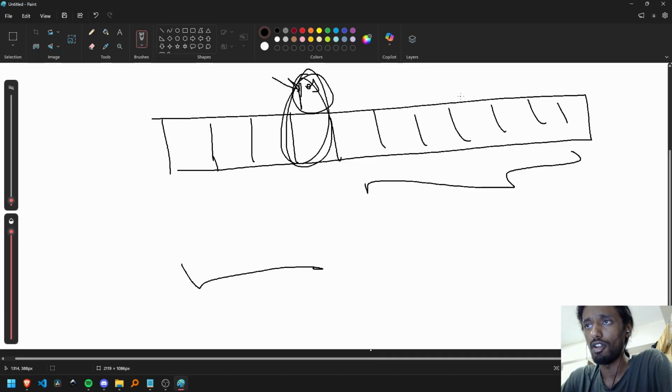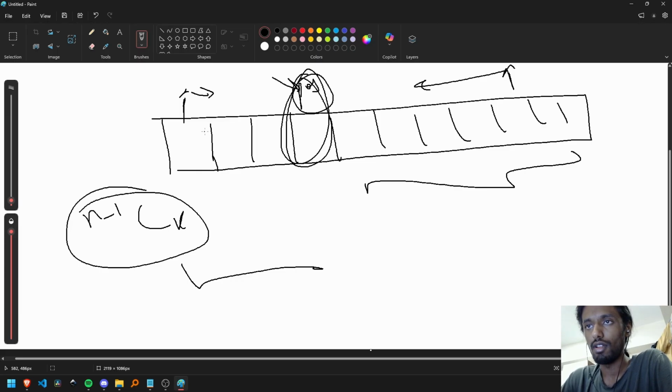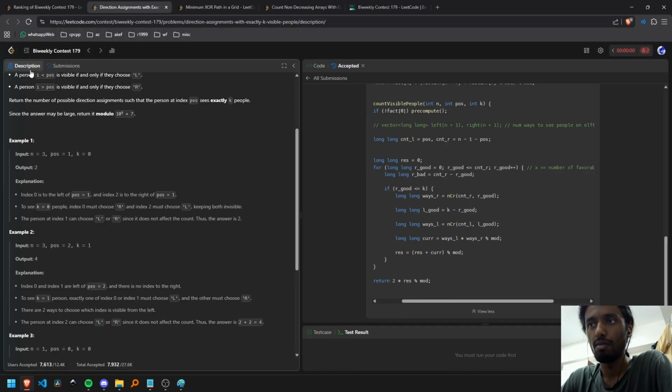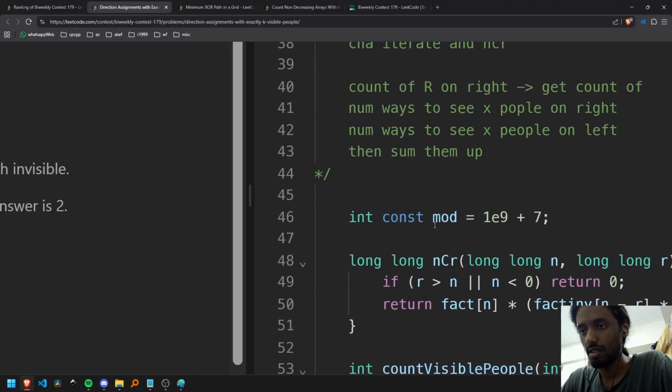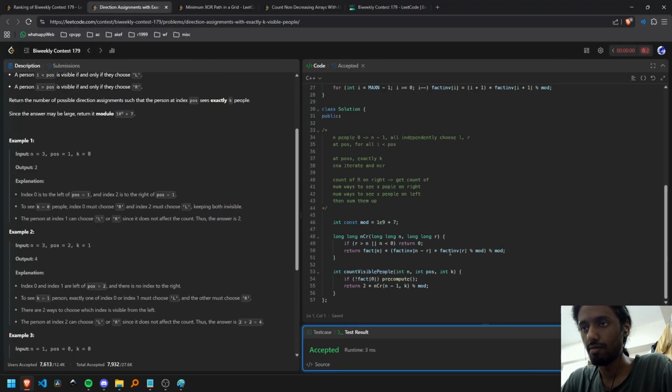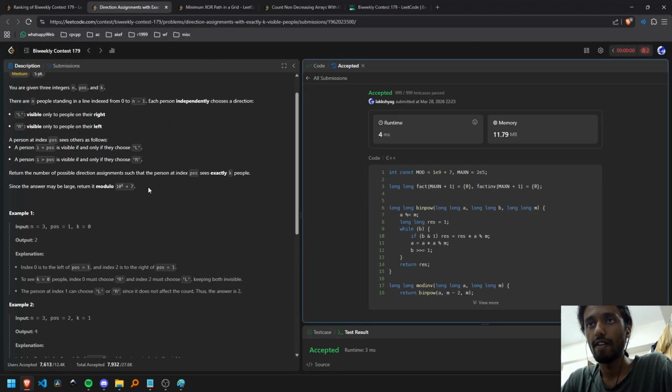The position is not relevant: if the person is on this side, they have to look here, and if they're on this side, they have to look here. Instead of running a loop, we can just do n minus 1 choose k. This gives us the number of ways to choose the people looking at pos, and at the end we multiply it by 2 because the person at pos themselves can look in both directions. So the code comes out even simpler. Basically it's just 2 times n minus 1 choose k, and this will pass.